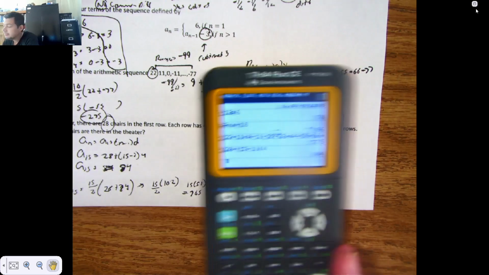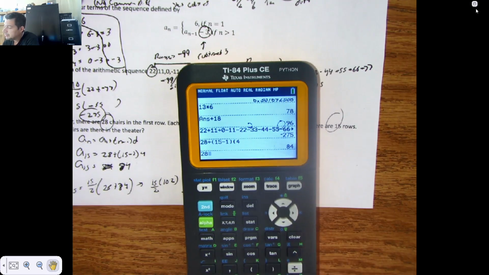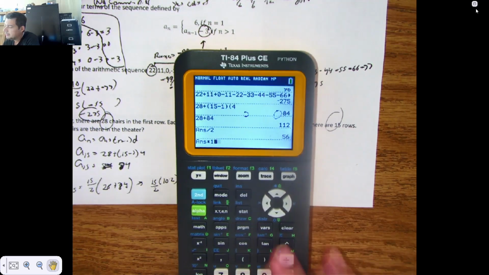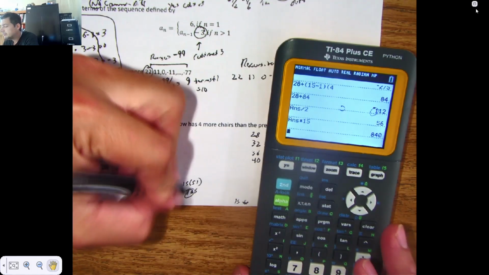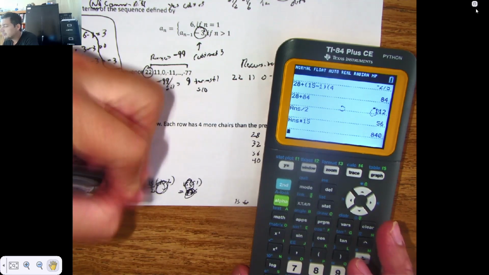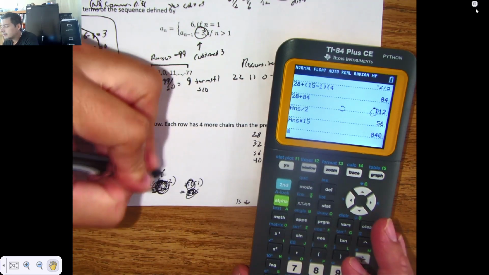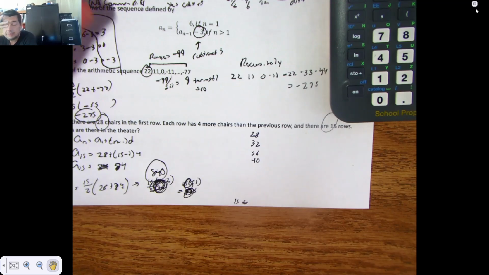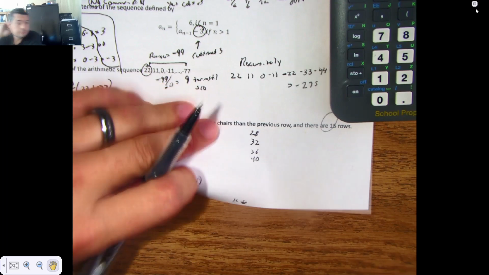Glad I'm checking myself. 28 plus 84, cut in half, times 15. 840. There we go. 840. Sorry about that. Now, next page.